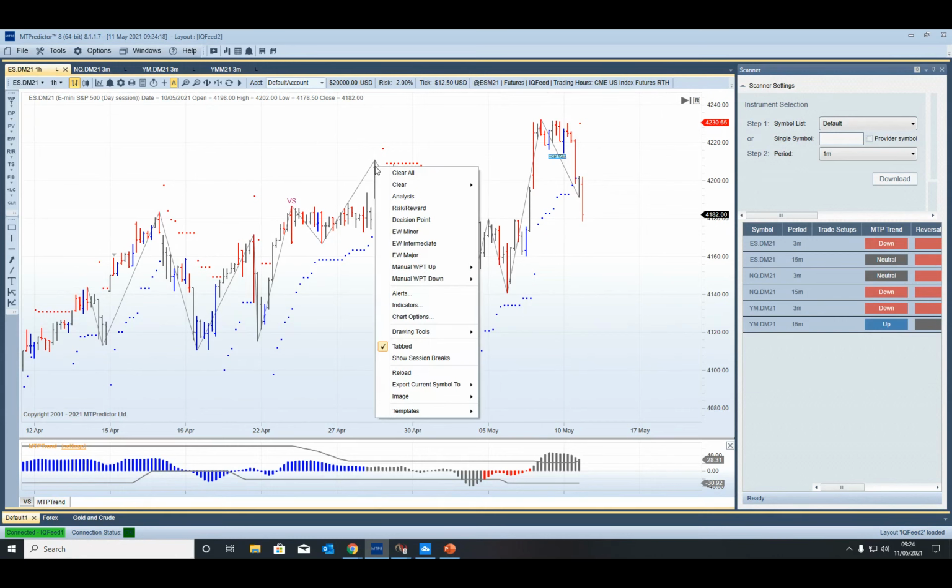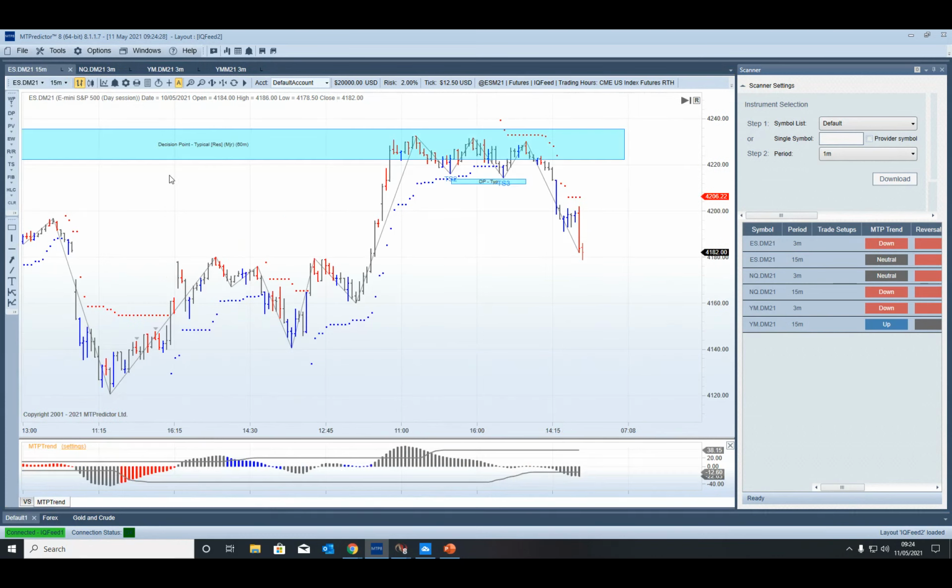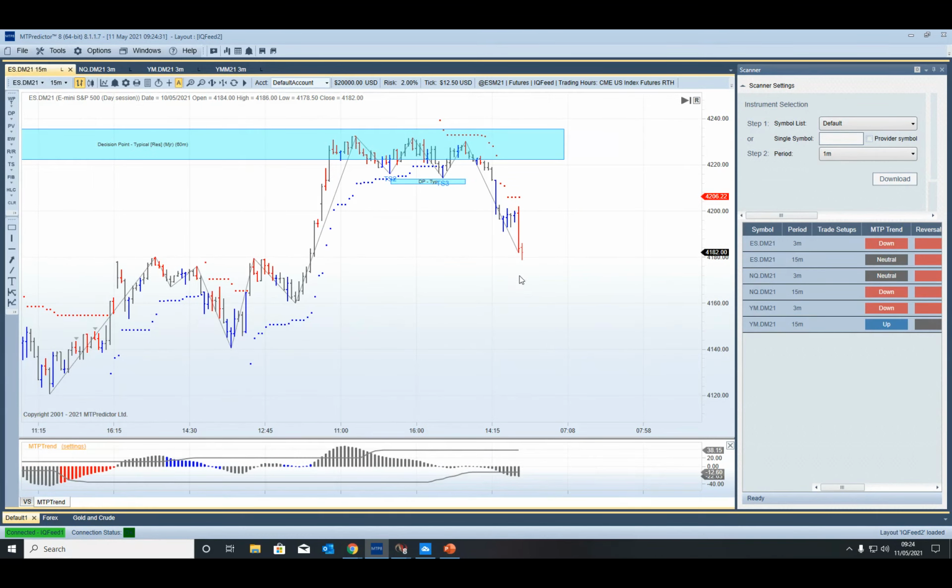So if I right mouse click here, do decision point, just look where the market went to on the hourly chart. Right into DP resistance. So actually, is it any surprise at all that the market backed off and started to decline from there? Is it any surprise at all that the market carried on down?